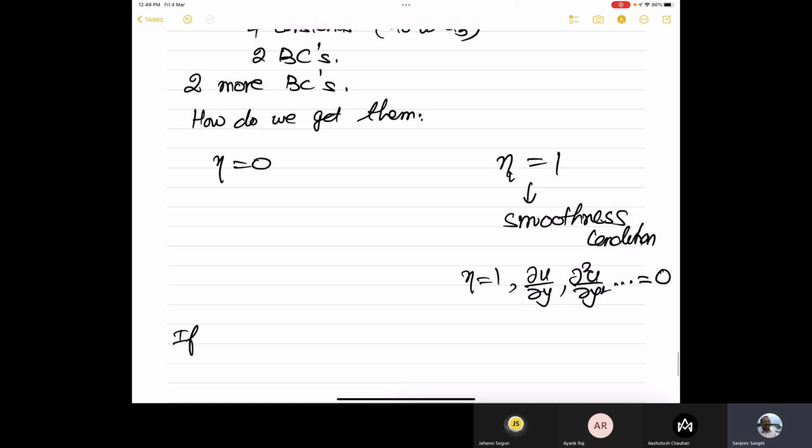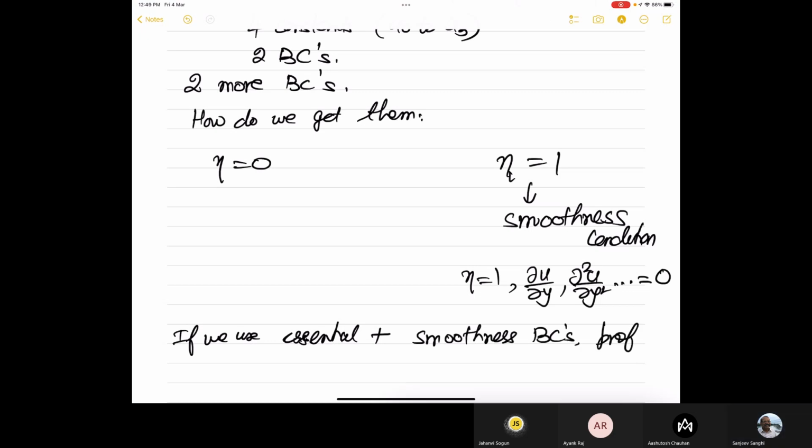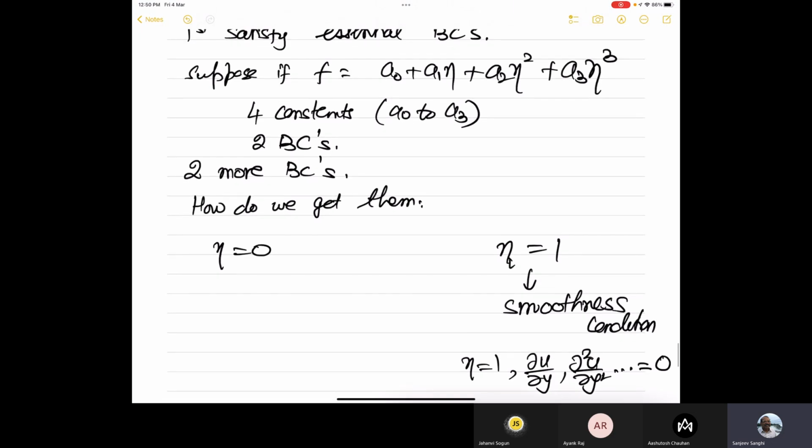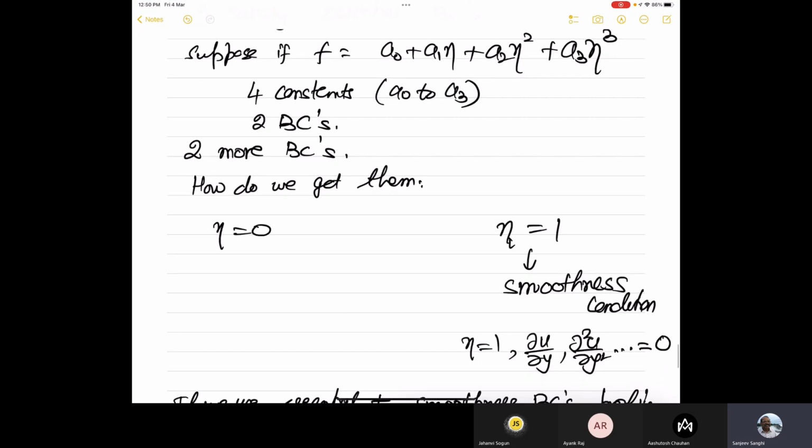If we use essential plus smoothness boundary conditions, the profile will not depend on capital U, because we have nowhere used the value of capital U. We have just said it must be 1.